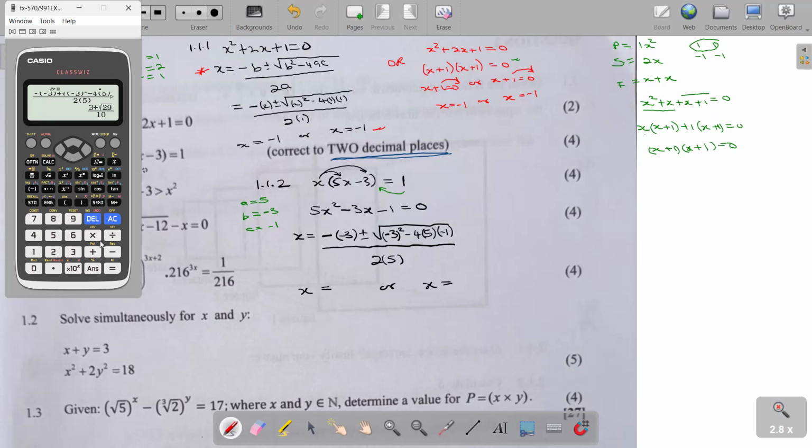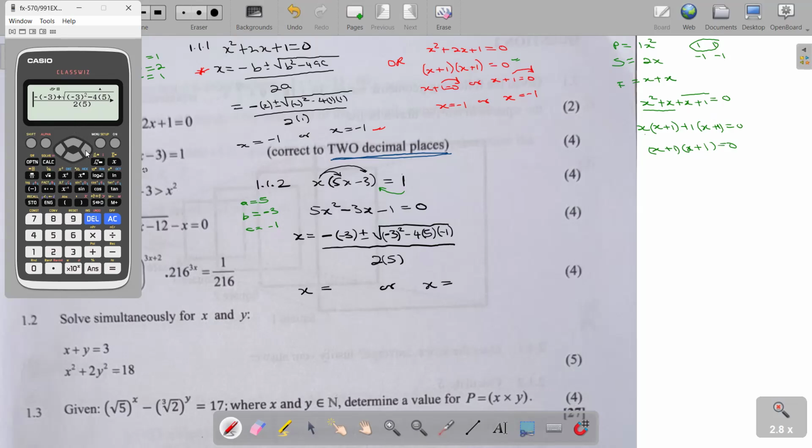the answer to 2 decimal places. So it's going to be 0.84, because this third digit after the comma is greater than 4. So 0.84.